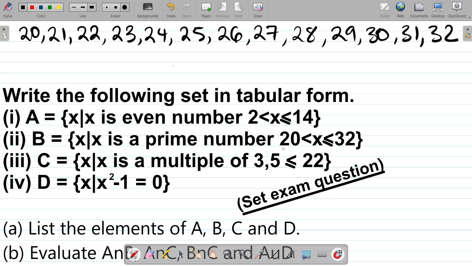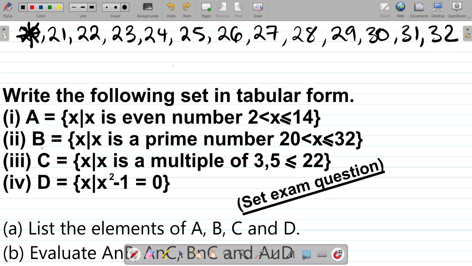Now observe that this 20 here does not come with an equal to sign. That means I'm taking off the 20, so 20 won't even be considered. Observe that for 32, there's a less than or equal to sign before 32. That means I will leave 32 and I might consider it, but for now, we'll leave it off.